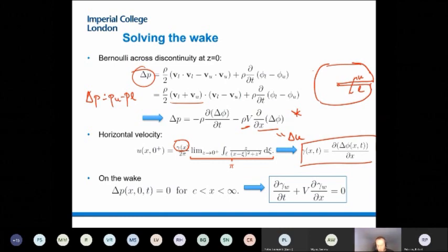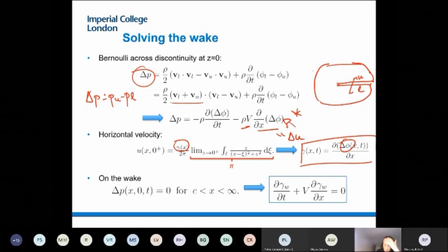Okay, so at that point, then what we have is a link between delta phi and gamma, which then we can introduce back into the pressure equation to have a relation between the pressure and the circulation of the vorticity in gamma.